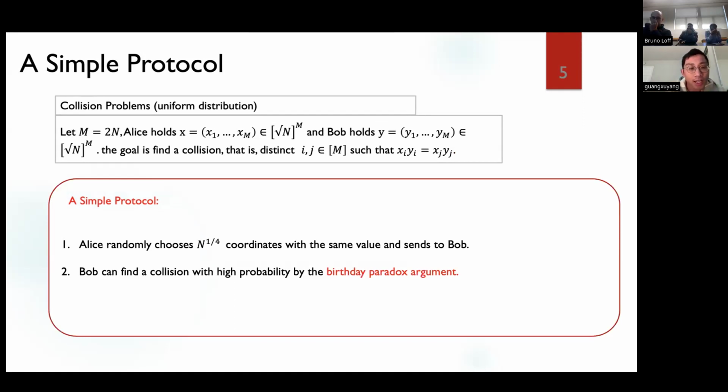That is, Alice just chooses n to the power of 1/4 elements that collide with the same value and sends them to Bob. And Bob will find a collision with high probability by the birthday paradox argument. So any question about the protocol? I will show how to prove it.